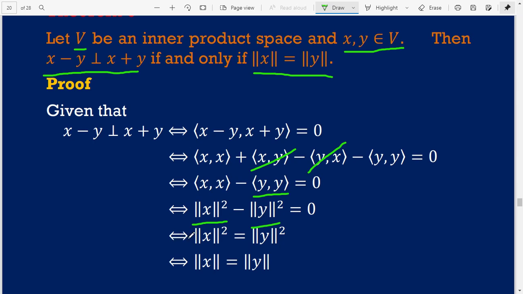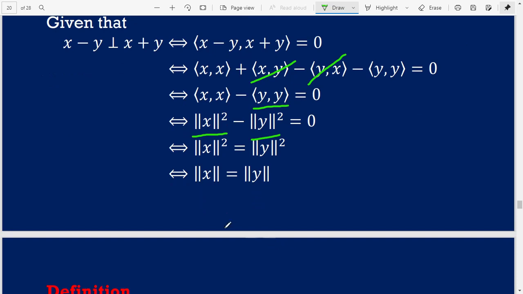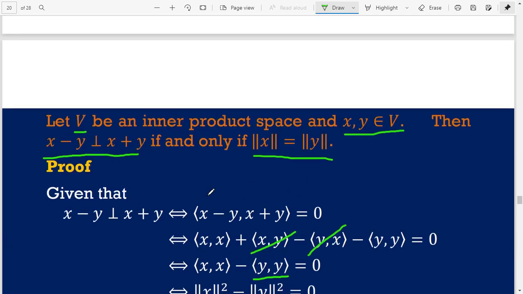So if and only if norm x square is equal to norm y square, if and only if norm x is equal to norm y. This completes the proof.